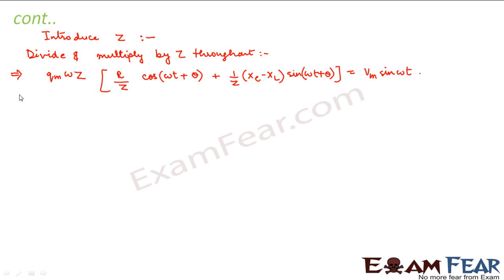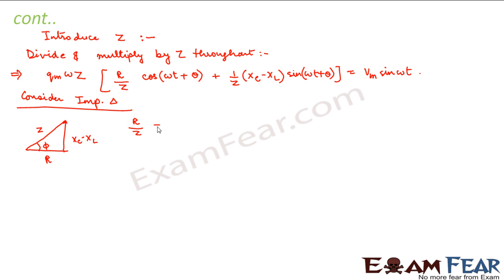Now if we consider the impedance triangle, which I mentioned in the previous slides where I introduced impedance, it looks somewhat like this. This is Z, this is R, and this is XC minus XL, and this angle is phi. Considering this impedance triangle, we can say that R by Z is equal to cos phi. We can also say that XC minus XL divided by Z is equal to sin phi.